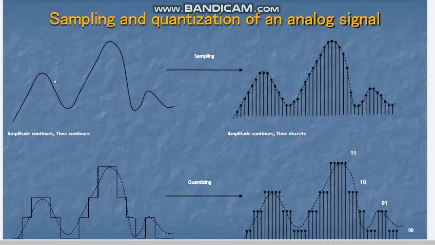So that is a pictorial definition of sampling and quantizing. As I have already told you, from the x-axis point of view, that is the sampling process, and from the y-axis point of view, as you can see here, there are two signals.